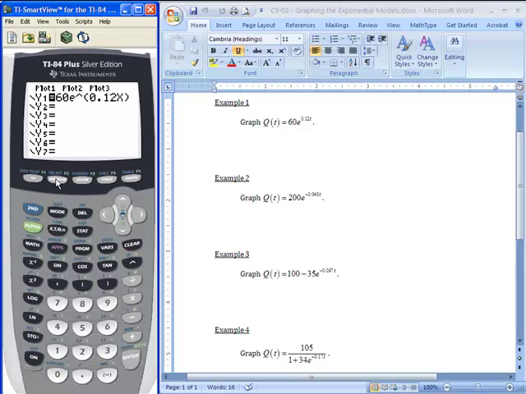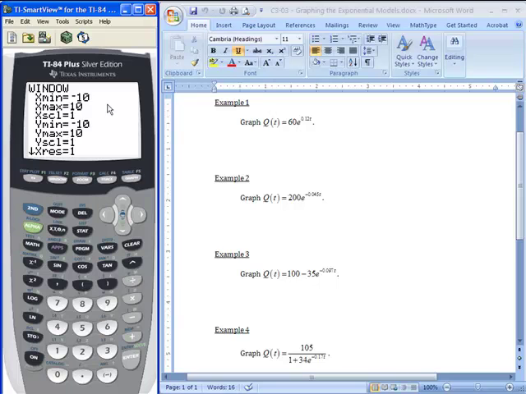Now what we're going to do to graph this is we're going to start with the window. We're not just going to go to a standard window. And part of the reason for this is that if we just examine this, we see that 60 is the initial value, and we know this is a growth function, so it's going to get larger as x gets larger and as we move away from that initial value.